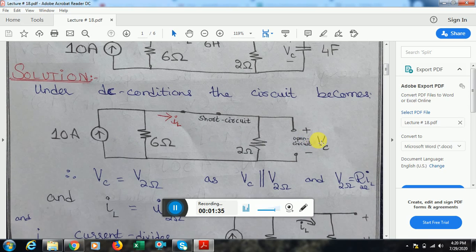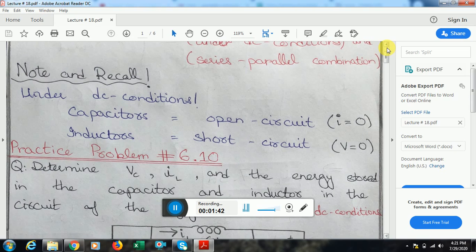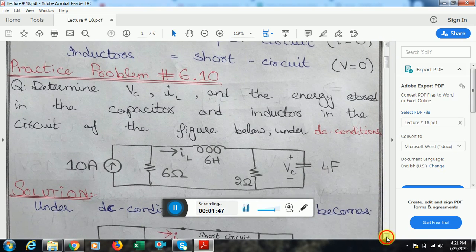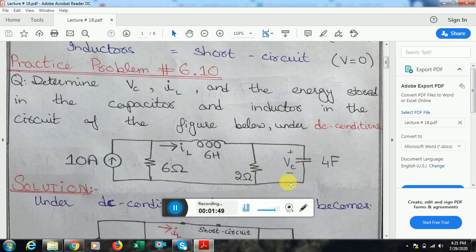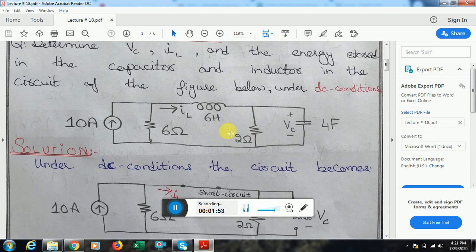Now the voltage can be found like this: the capacitor was in parallel to the 2 ohm resistance. As you know, parallel elements have the same voltage, so these two elements would have the same voltage, and the capacitor voltage can be found by finding the voltage across this 2 ohm resistance.